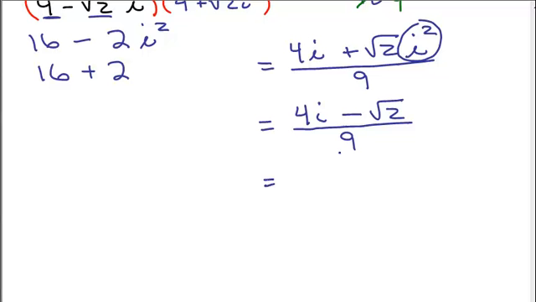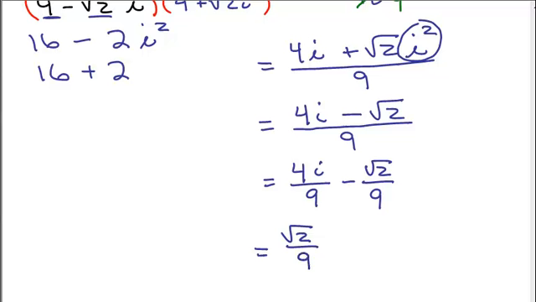So now we want to split. And you could have done the split earlier. 4i over 9 minus square root of 2 over 9. So the negative square root of 2 over 9 is the real part, so we write that first. Square root of 2 over 9. I'm sorry, negative square root of 2 over 9. Devil's in the details. Plus, now I have 4i over 9.